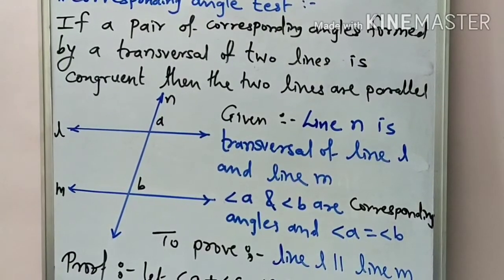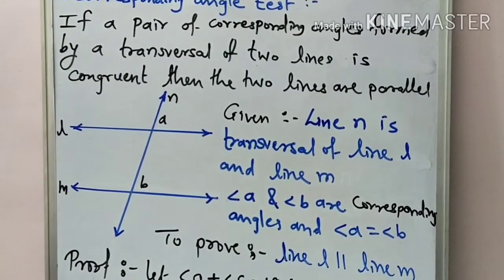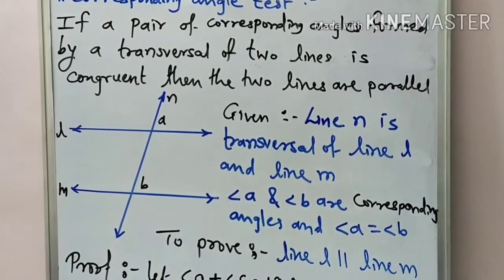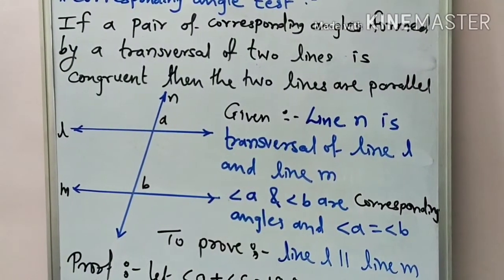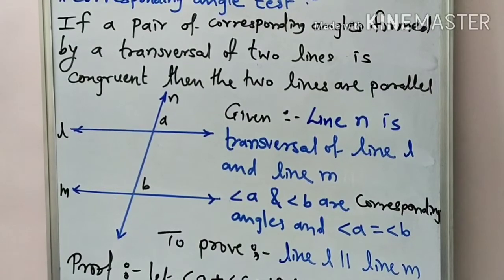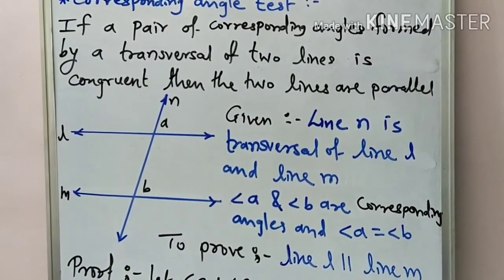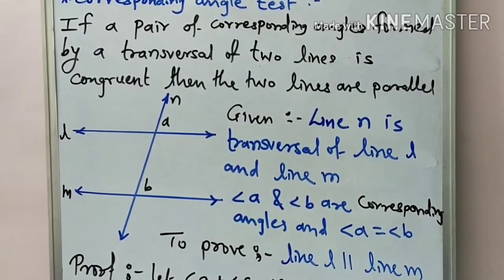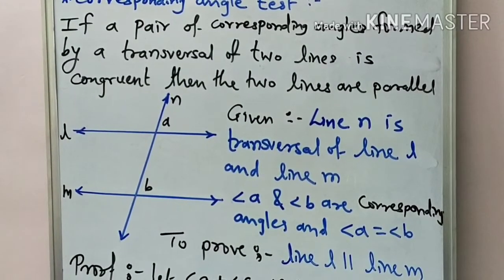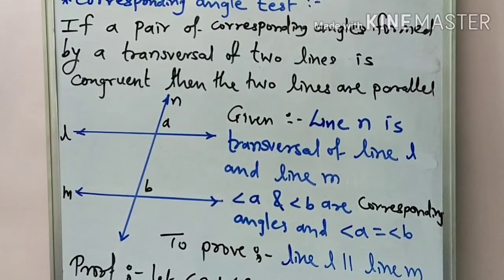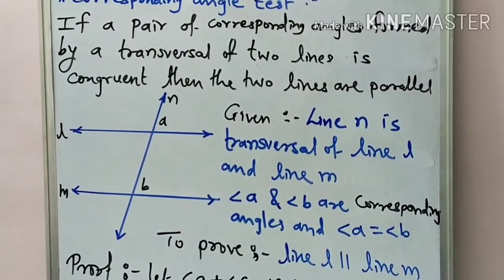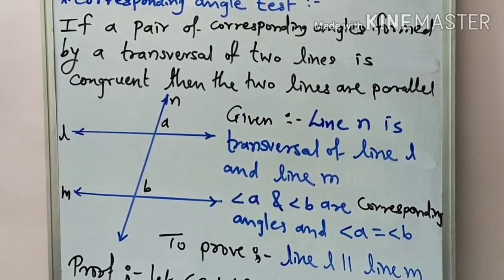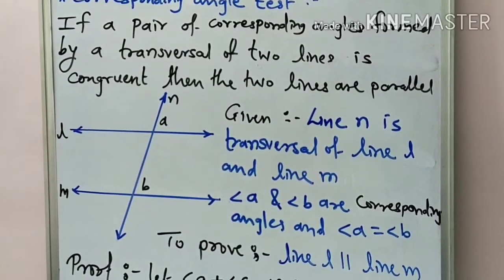The given part is the same as previous: line N is a transversal of line L and line M, and according to the given information, we take two angles, angle A and angle B, which are what? Corresponding angles of equal measures. So in the given part we write angle A equal to angle B. Then what do we have to prove? That the two lines are parallel, that is, line L is parallel to line M.